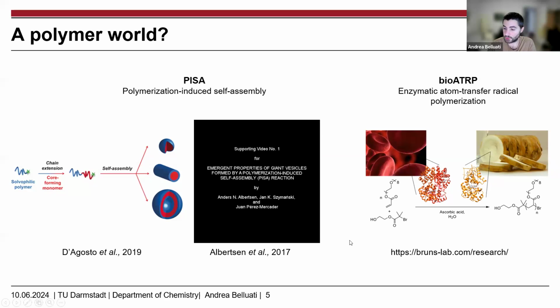Then this is what actually made me come to first Glasgow and then Darmstadt, which is the specialty of the group of Professor Nico Bruns.